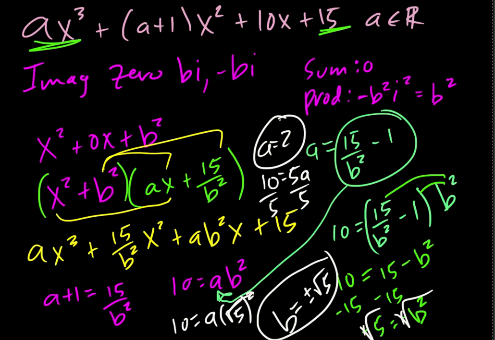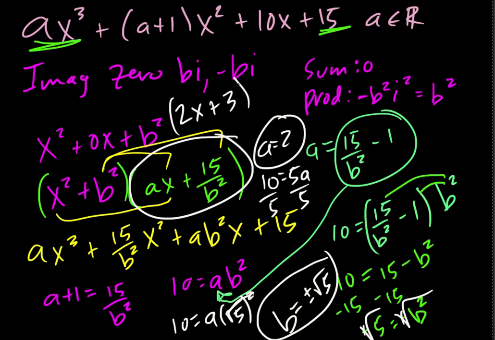And when we plug in these values to this green one right here, we're going to get 2x. When we plug in the square root of 5 and we square it, it's really just 5. So 15 divided by 5 is 3.